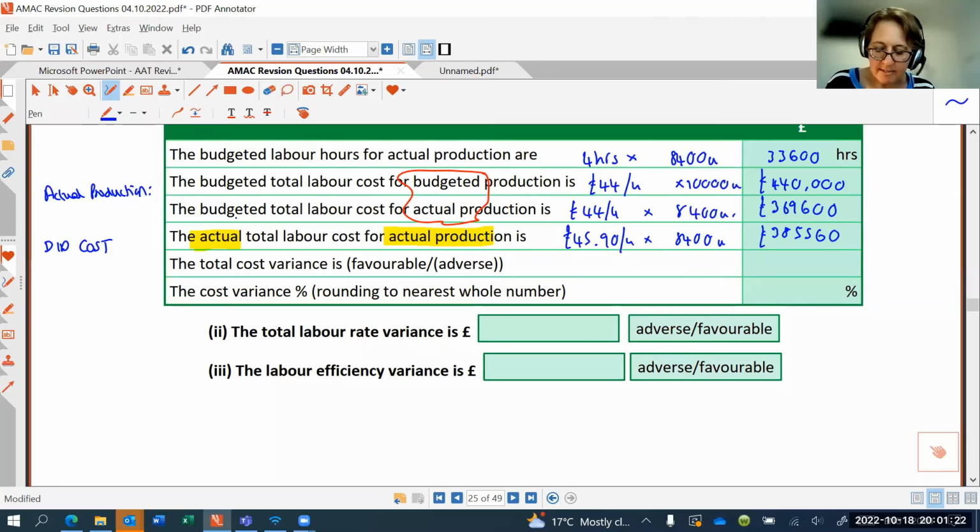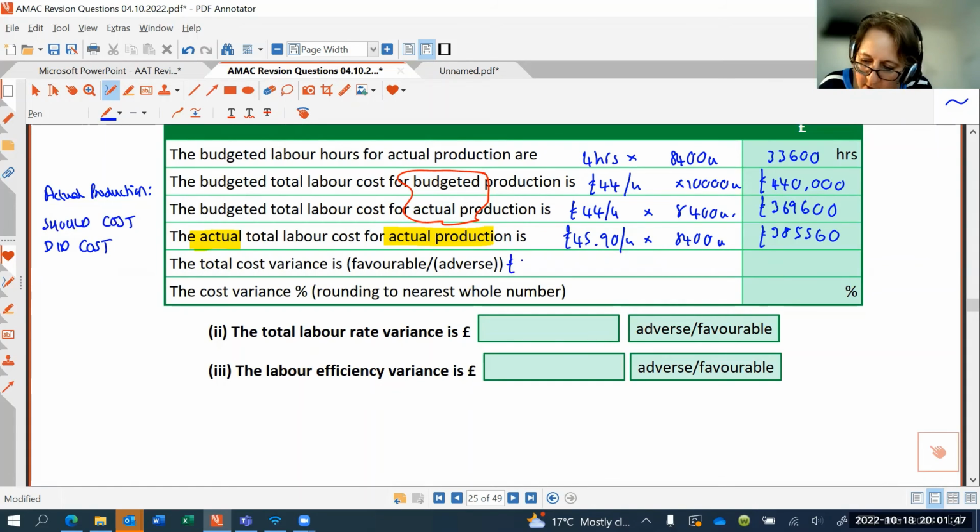This one is the budgeted cost of actual production. So that's what actual production should cost. So if I was writing out a full pro forma, it would be on those lines. That's just a very abbreviated version. Actual production should cost, actual production did cost. That's my difference. The difference is the variance.